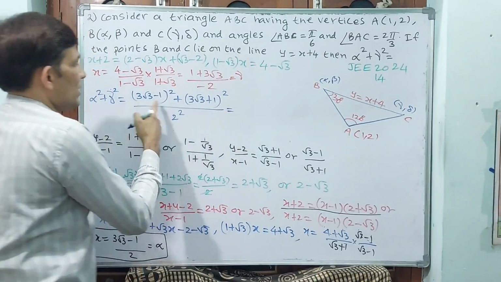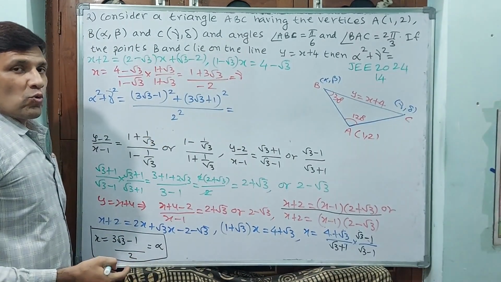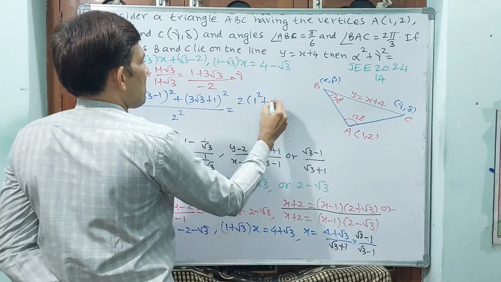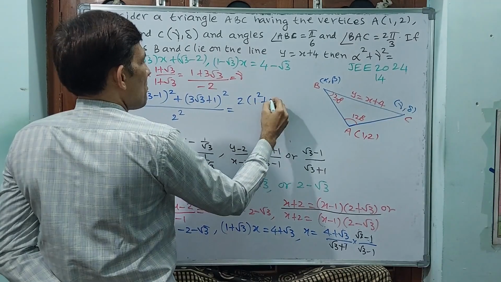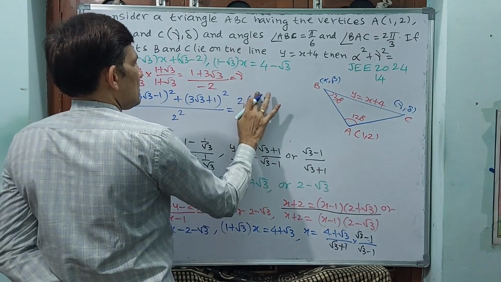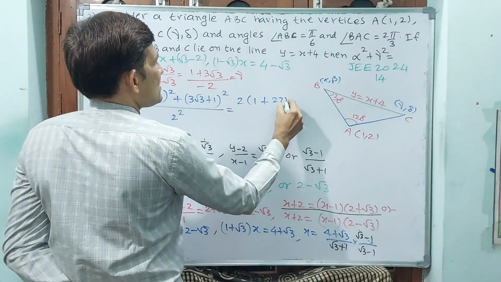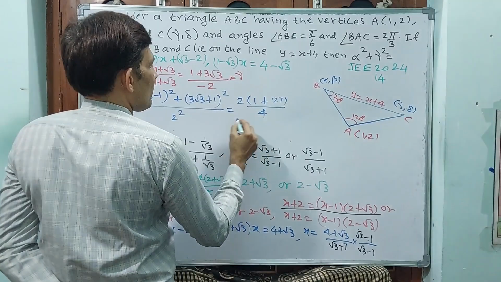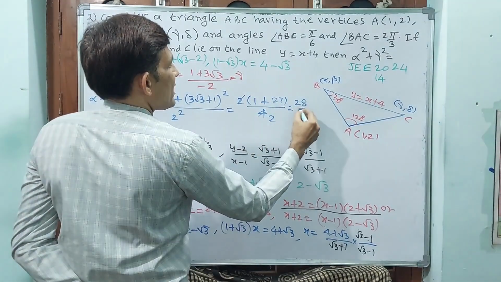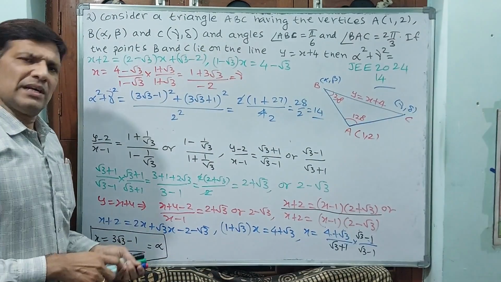But here you see a plus b whole square plus a minus b whole square is 2a square plus 2b square. b square means 3 square, 9 into 3, 27, by 4. That is equal to 2 times 28 by 2, that is equal to 14. See, 14 will be your answer. Let us go for the next question.